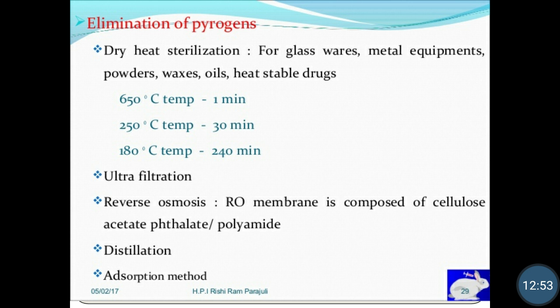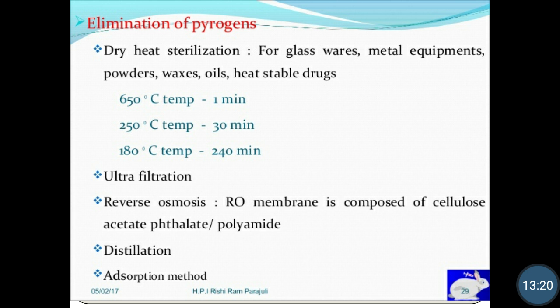So in this sterilization, all these equipments are subjected to 650 degrees Celsius temperature for 1 minute or 250 degrees Celsius temperature for 30 minutes or 180 degrees Celsius temperature for 240 minutes. Again the ultrafiltration can be done. Then reverse osmosis process is also done.